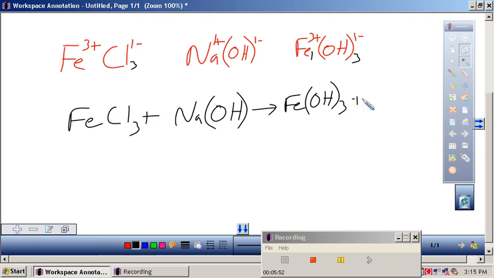And I'm going to get some sodium chloride. Alright, my sodium, group 1. My chlorine is group 7, so it has a 1 minus charge. I crisscross them. And there's that.